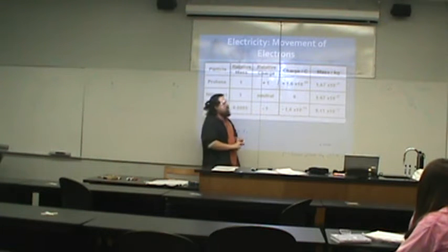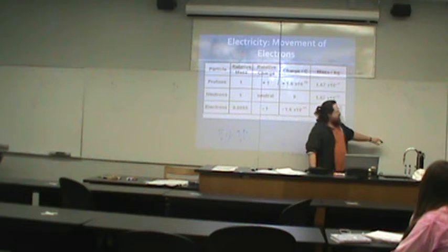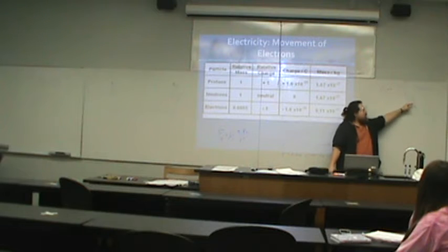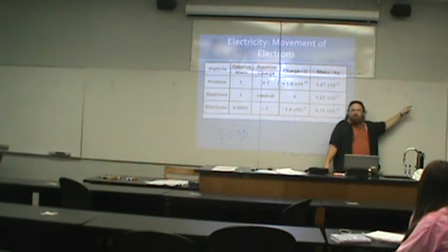So that cloud is drifting along, waiting for something positive and something tall to get close to it. Because the tip of this tree is the most positive thing nearby, and it's way closer than the ground is.